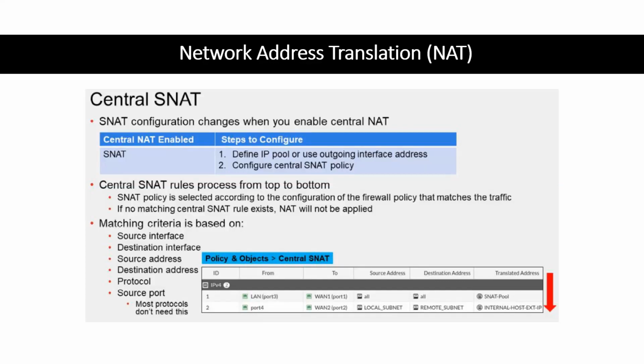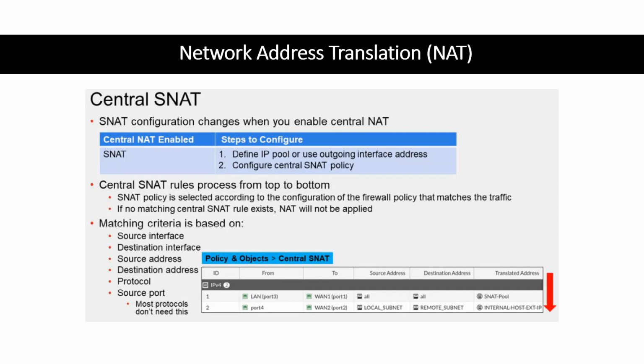So I first either define an IP pool or just use the outgoing interface to NAT my traffic coming from inside to out, or from one zone to another. Then I configure the rest of my source NAT policy, just like a firewall policy.